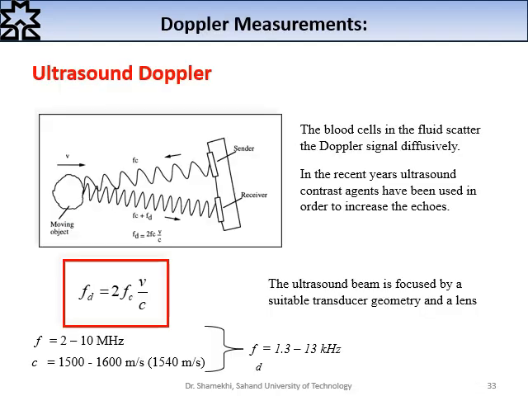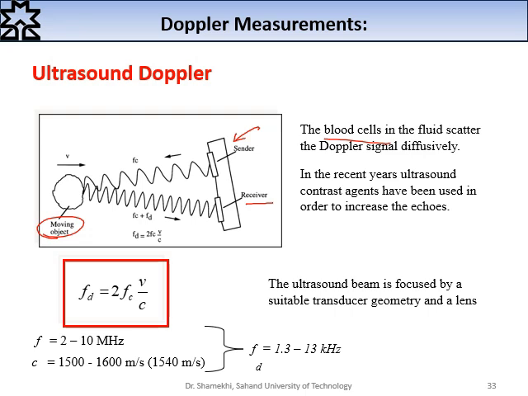As you can see in this slide, we have a sender here and a receiver here. We have a moving object. As I told you before, the blood cells in the fluid scatter the Doppler signal diffusively.